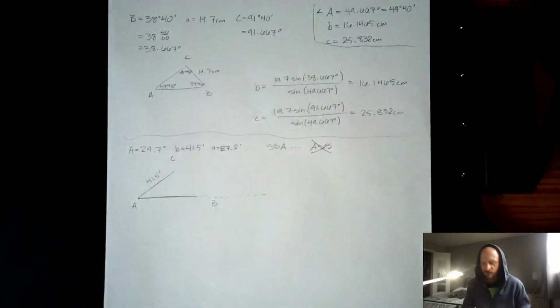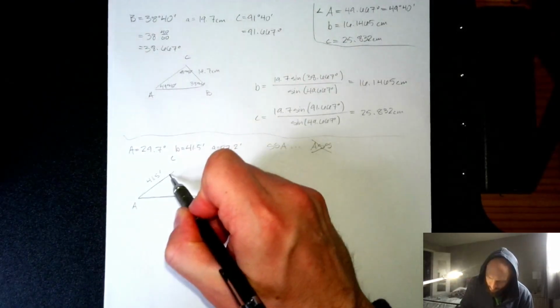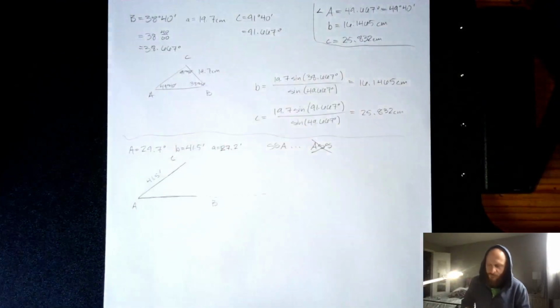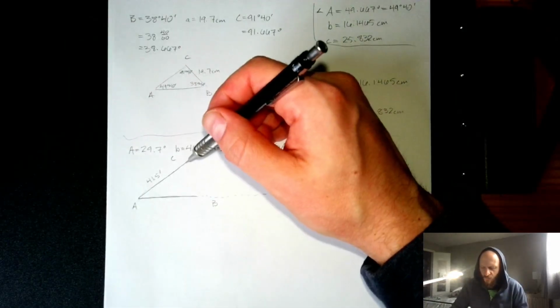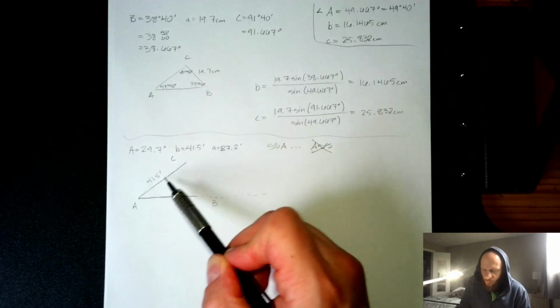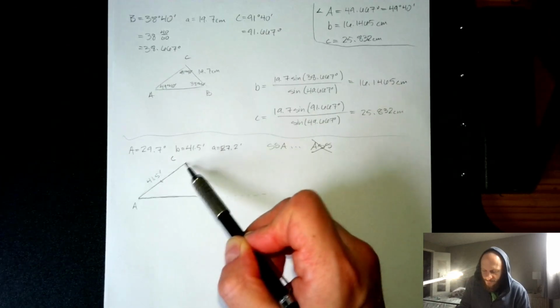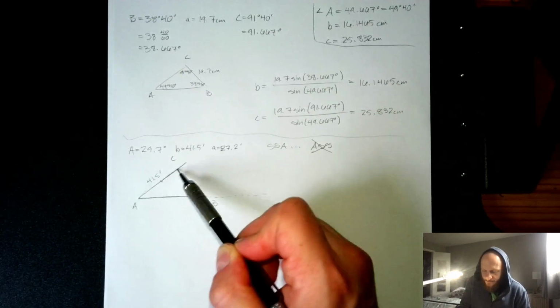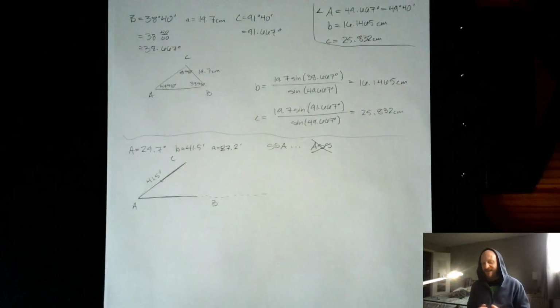Surely I didn't drink enough coffee this morning. All right. So something like that, and then side A is 27.2, more than half of this side. This length is A.